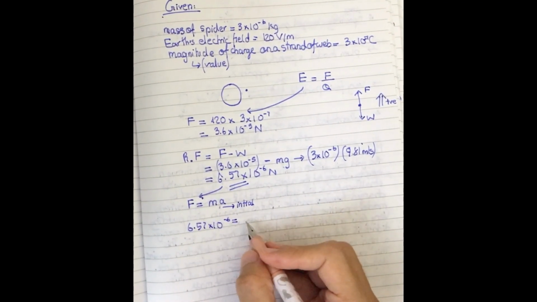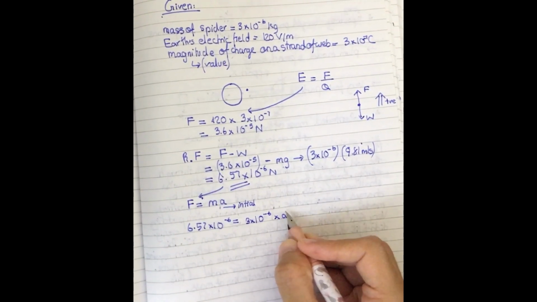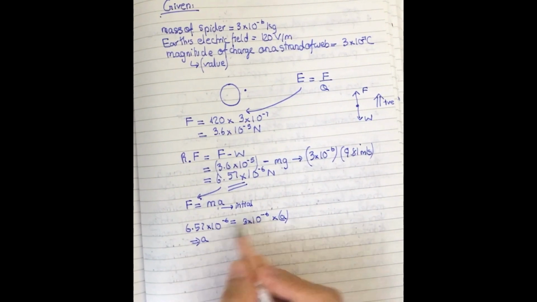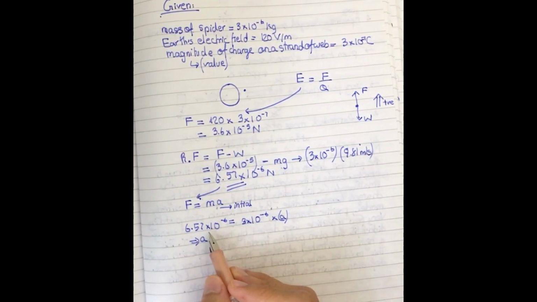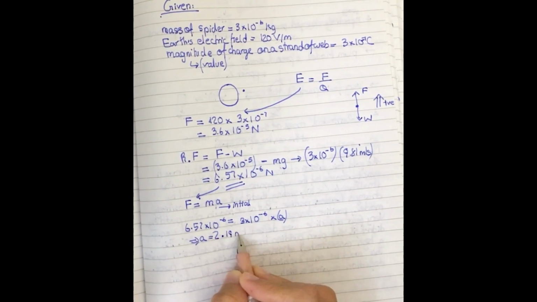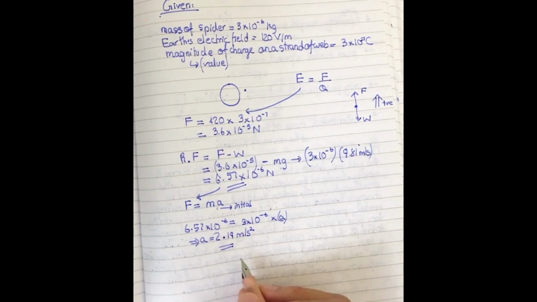Your mass is 3 times 10 raised to power minus 6, and you need to find your acceleration. Once you calculate this, you just divide it by this value, and you get your answer as 2.1 meter per second square.